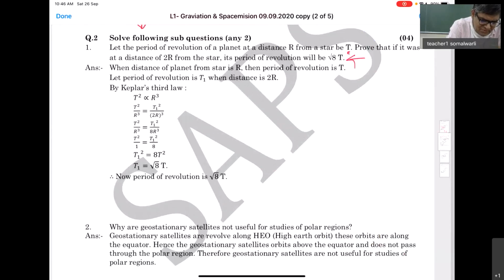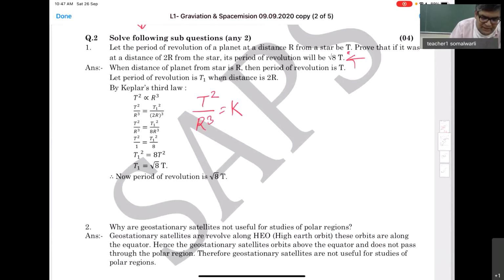Okay. Now, when the distance of a planet from the star is r, then its period of revolution is T. So that means, again by Kepler's third law, we can say clearly that T square upon r cube will be constant. Now what has happened? The new radius of the orbit has become 2r.